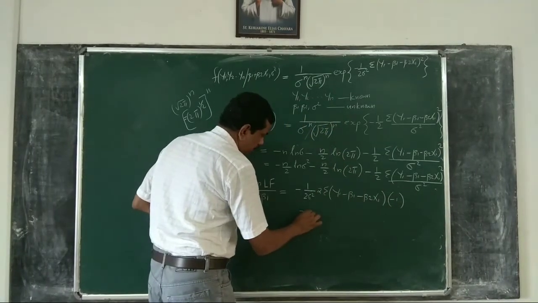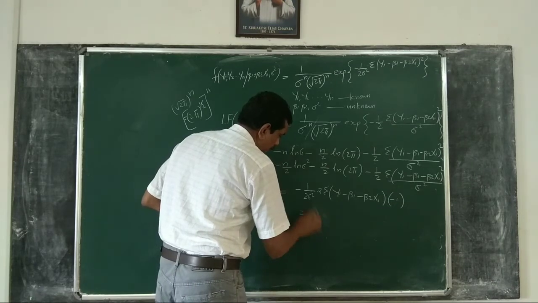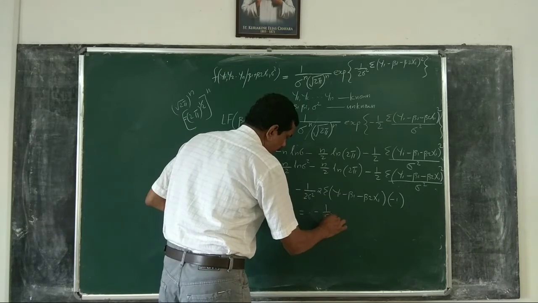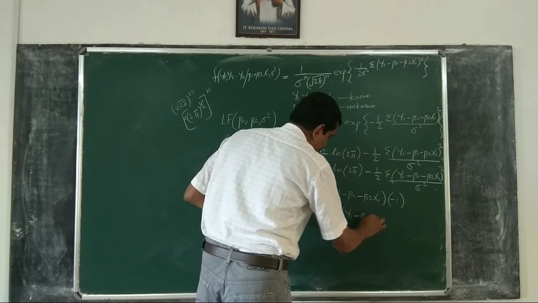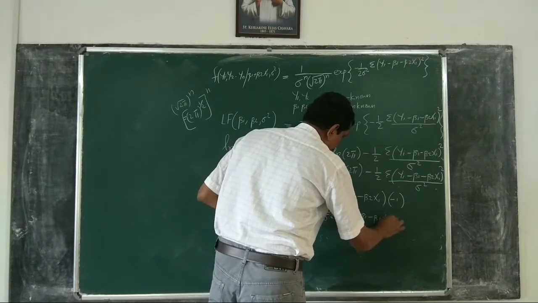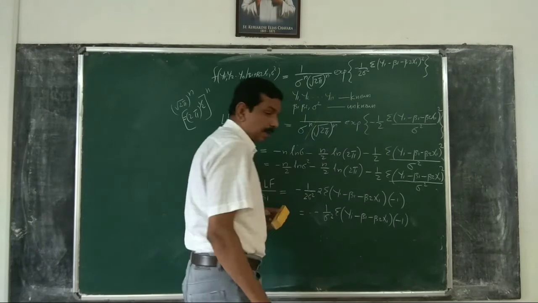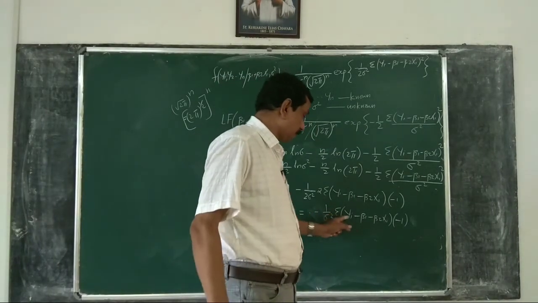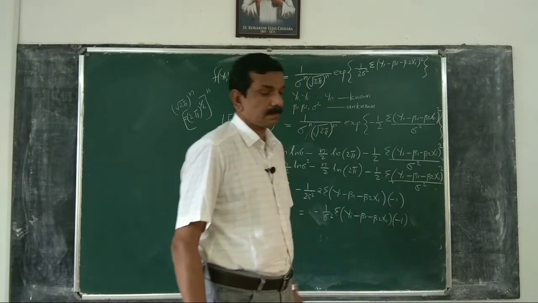The 2 and 2 cancel, giving minus 1 by sigma square into the sum of yi minus beta 1 minus beta 2 xi into minus 1.